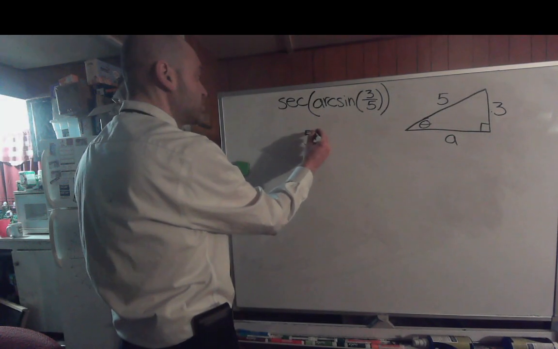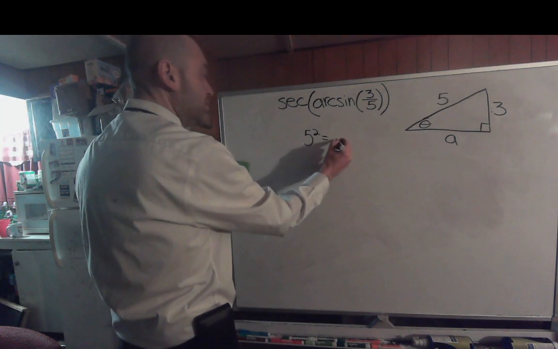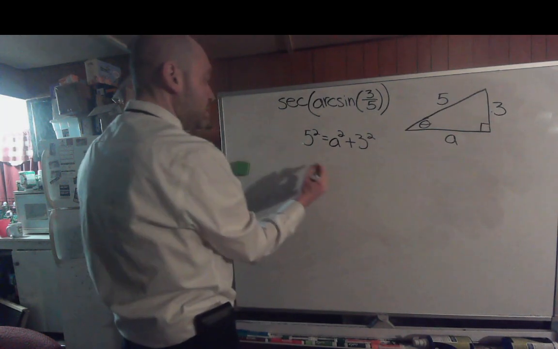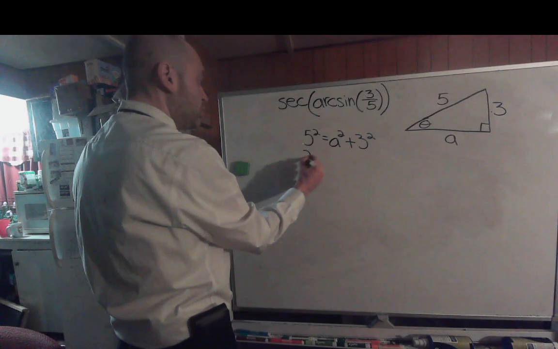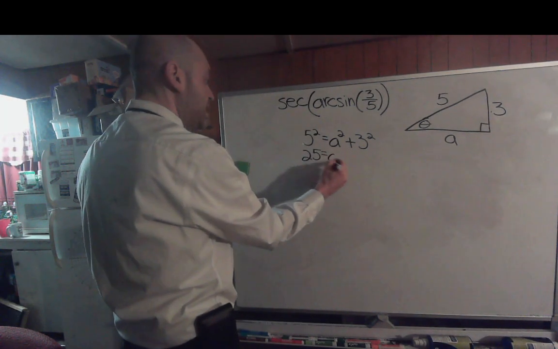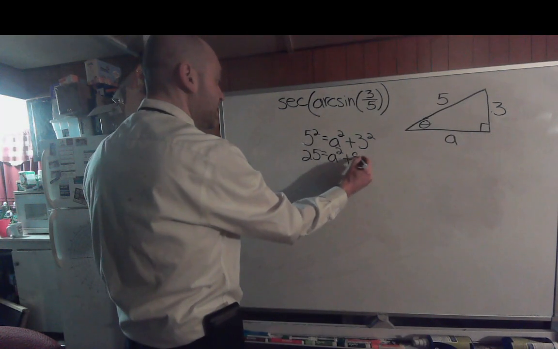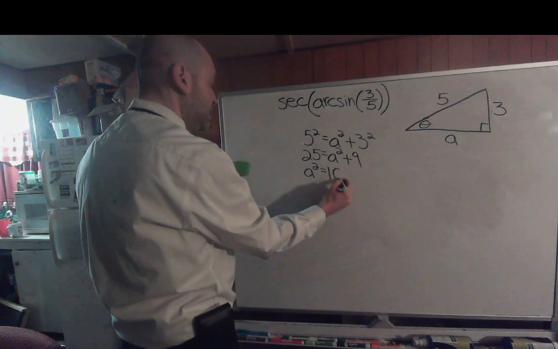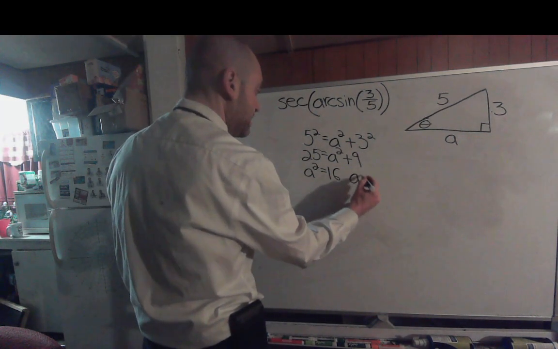So 5 squared equals a squared plus 3 squared, which means that 25 equals a squared plus 9. So a squared equals 16, which means that a equals 4.